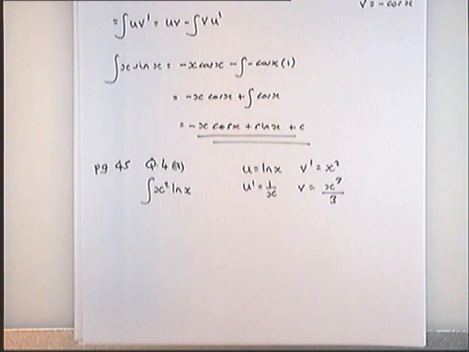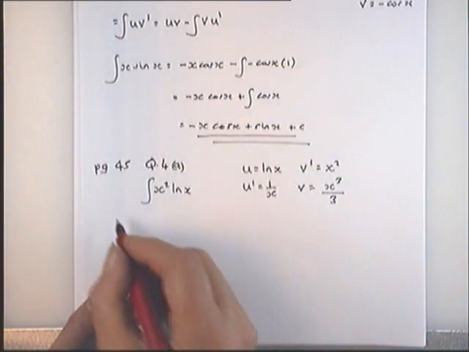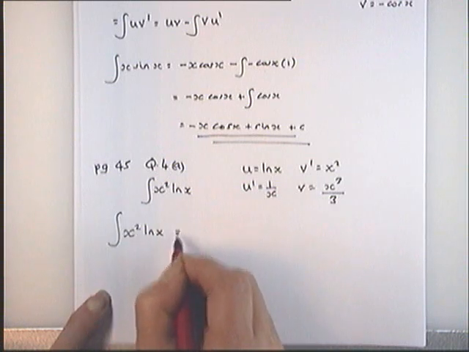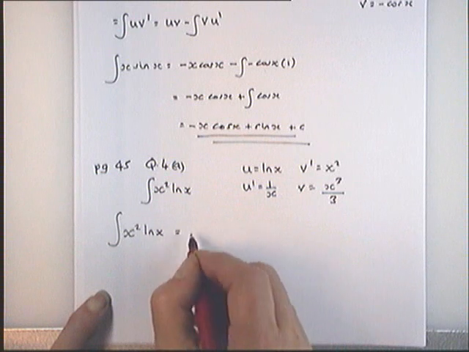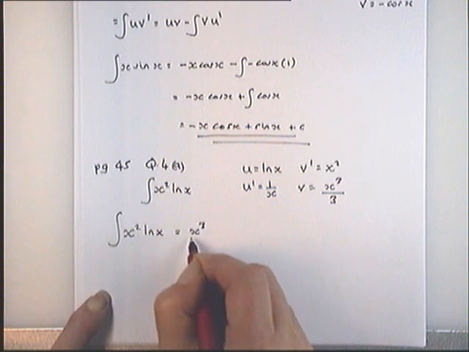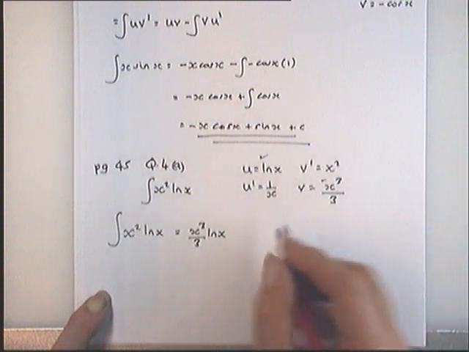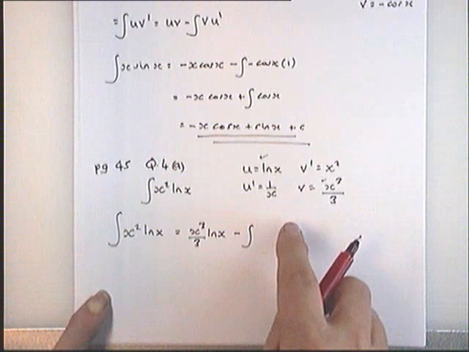And what I always do is get all four of those terms sorted out, and then I can just substitute. And if I go back up here, the integral of uv', so the integral of x squared ln x is u times v, which is x cubed over 3 ln x, take away the integral of v times u'.